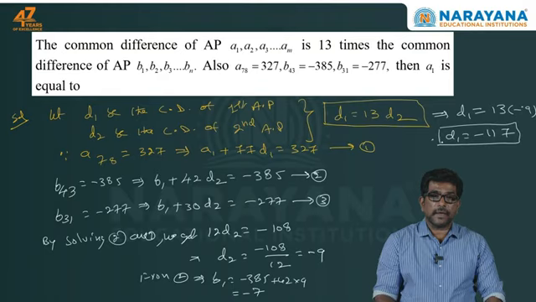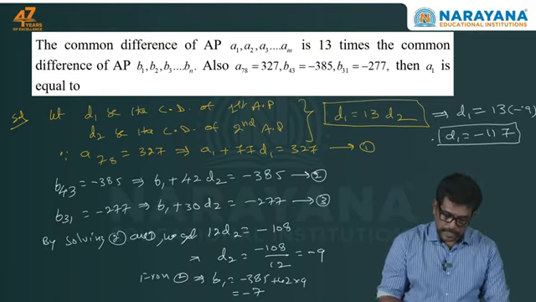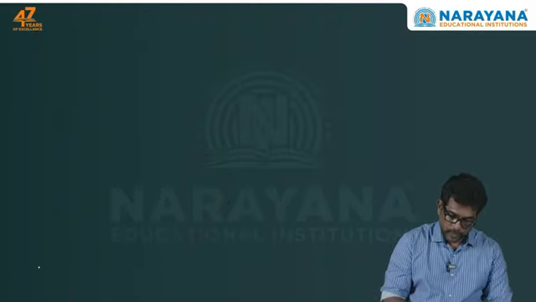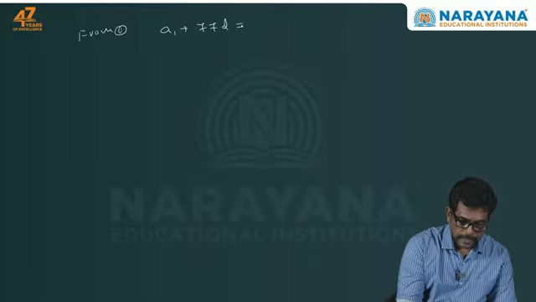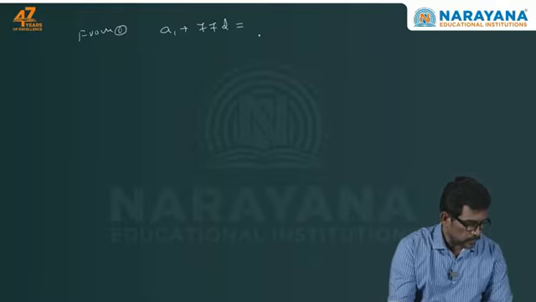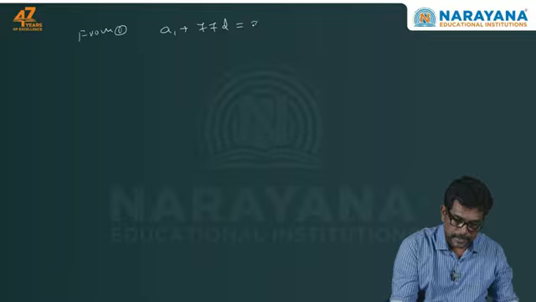We want A1. Now I am using equation number 1. From 1, A1 plus 77 D1 is equal to 327.